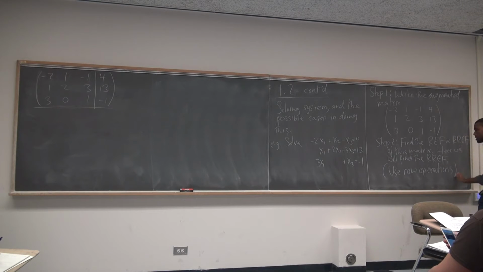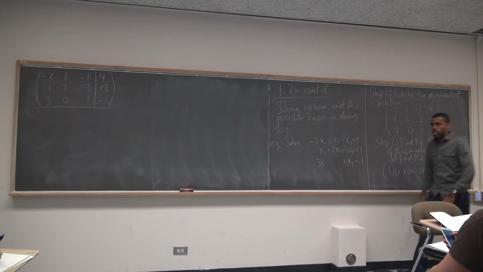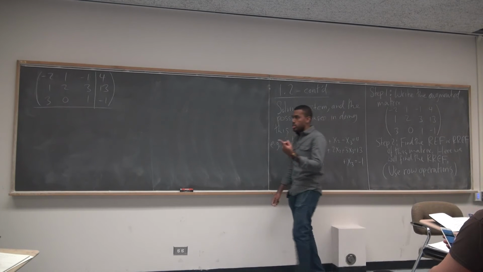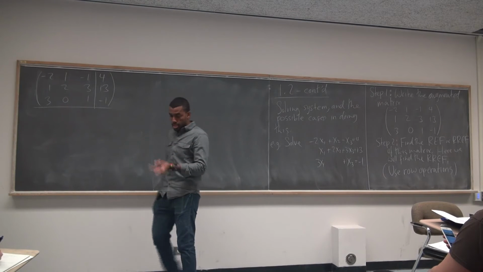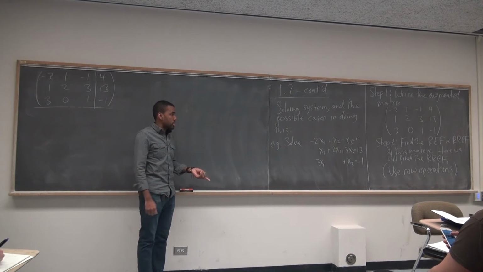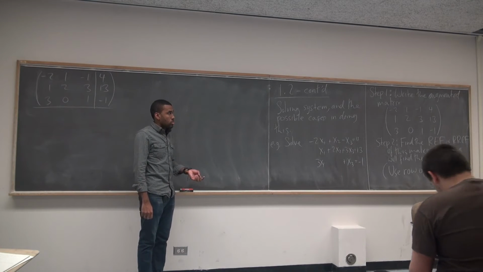What are the row operations that we have at our disposal? Exchange. You can exchange any two rows, right? The second is multiplication. You can multiply any row by a non-zero scalar. That's the second row operation.